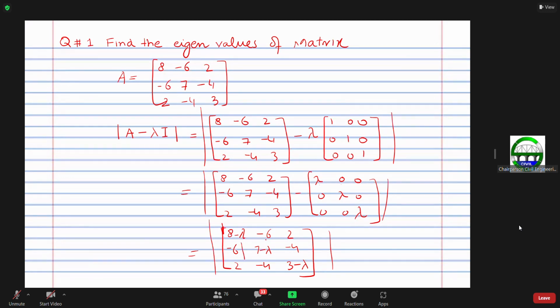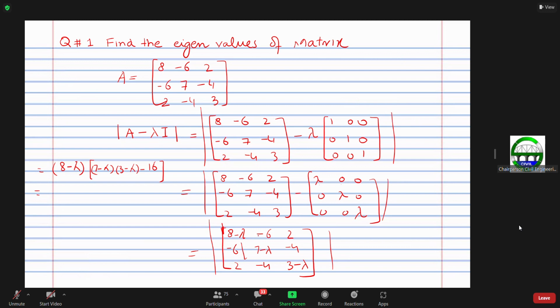Okay, so this one and this one. So 8 minus lambda into 7 minus lambda, 3 minus lambda, minus 16. Okay, so this will be my plus, and then next is our minus.